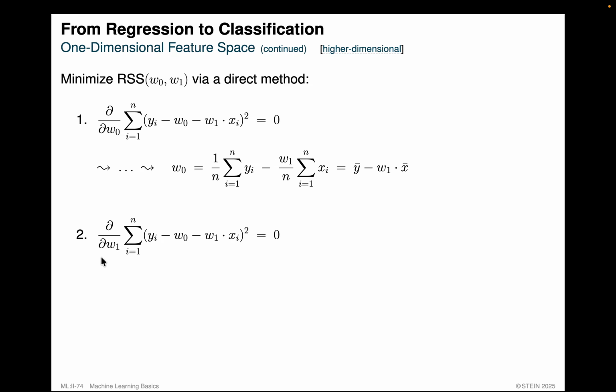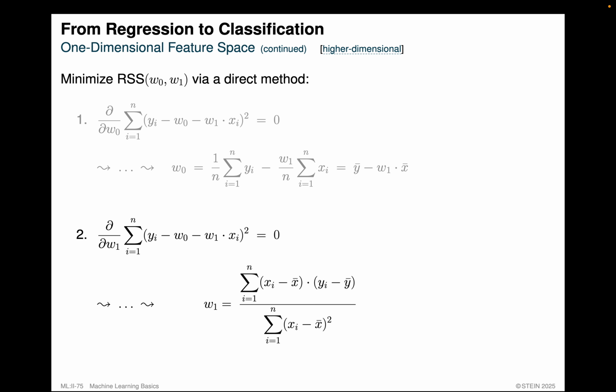We can simply derive that by computing the derivative, and we will get for weight 0 this formula here: the average of the y values minus W1 multiplied with the average of the x values of the features. So the W0 value depends on W1 in this case.